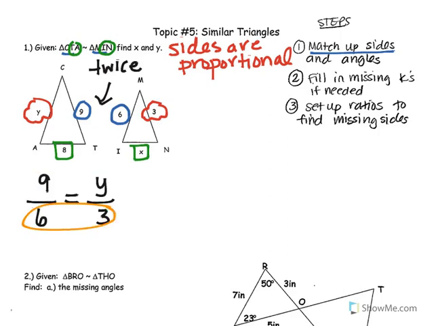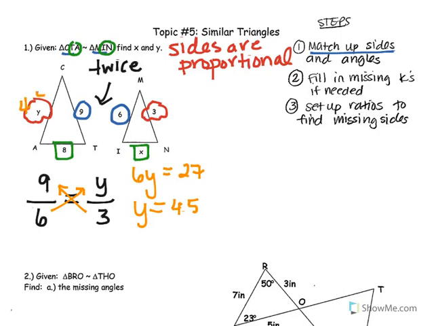And the numbers in the denominator, 6 and 3, come from the same triangle, and they do there as well. Once we set up this proportion, we can solve using the cross product. I can do 6 times y, that's 6y. 9 times 3, that's 27. Do 27 divided by 6, and I get 4.5. And there's my value for y.